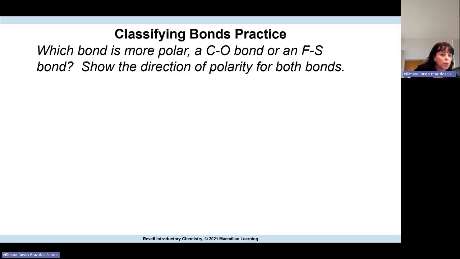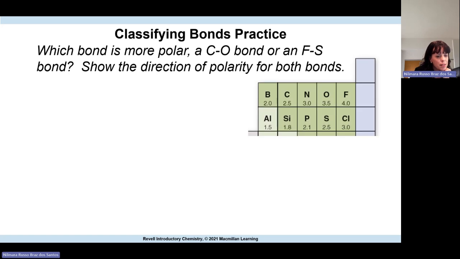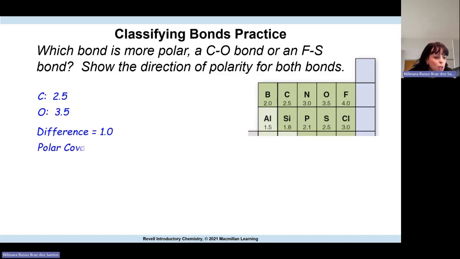Let's look at this. Which bond is more polar, CO bond or FS? And please show the direction of polarity. Look at this. First, you're going to go to carbon and oxygen. So carbon 2.5, oxygen 3.5. The difference of electronegativity is 1. If you go to FS, you're going to see the difference is 1.5.